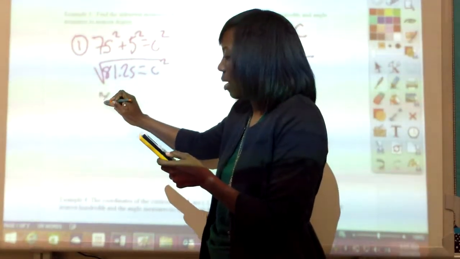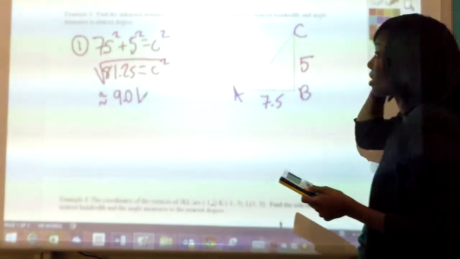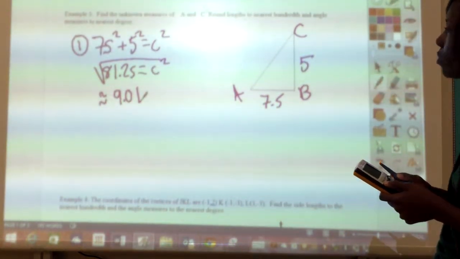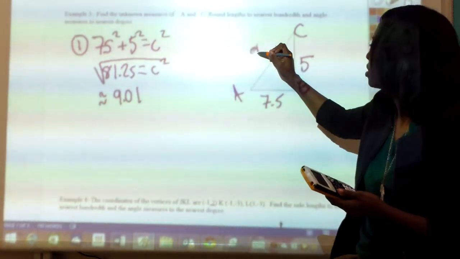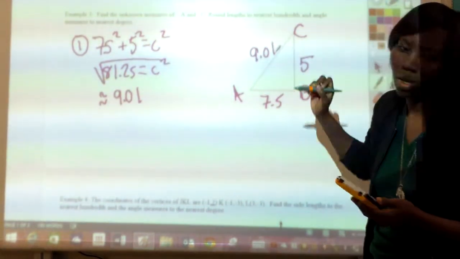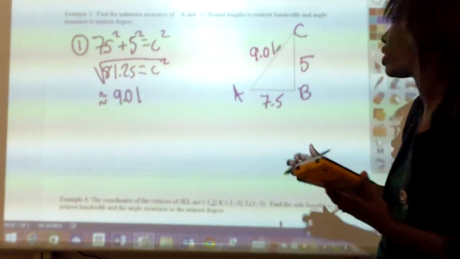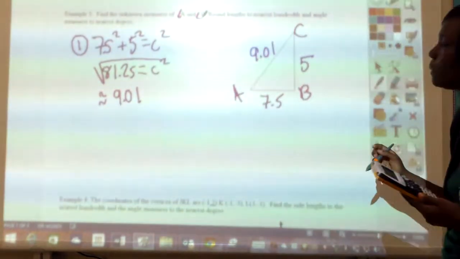And our answer is approximately 9.01 because it said round to the nearest hundredth. And so we know that this is 9.01 approximately.